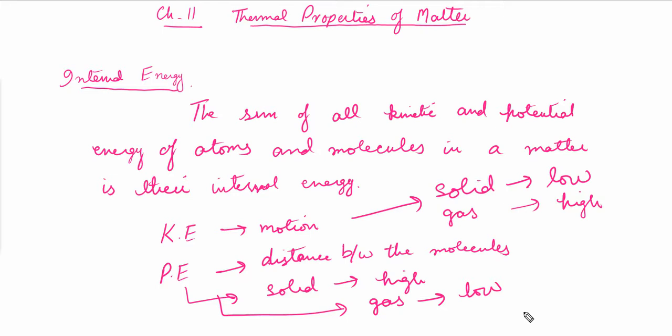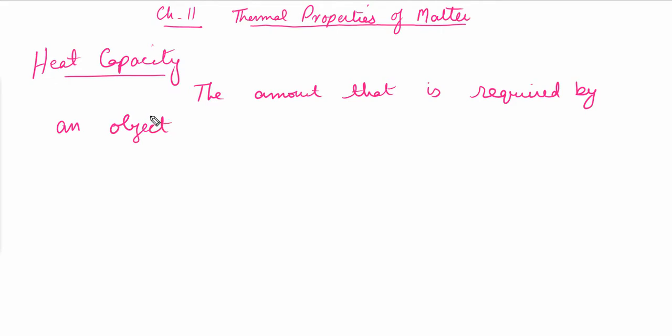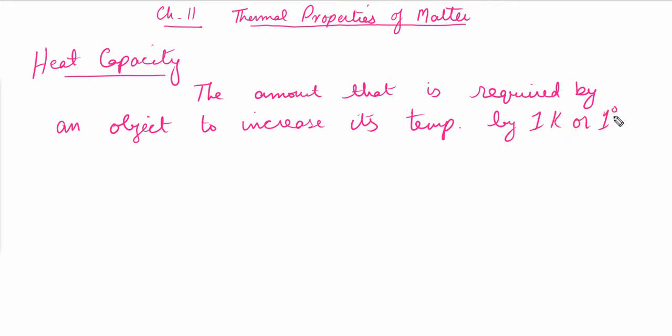Now after this one, we will discuss the concept of heat capacity and specific heat capacity. Alright, so for the heat capacity, we can write, the amount of heat that is required by an object to increase its temperature by 1 Kelvin or 1 degree Celsius is called its heat capacity.